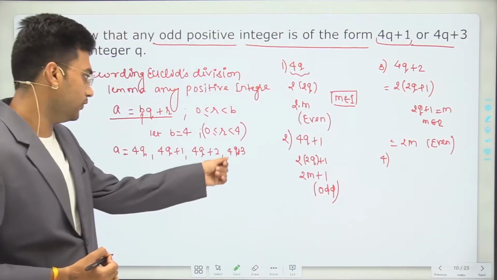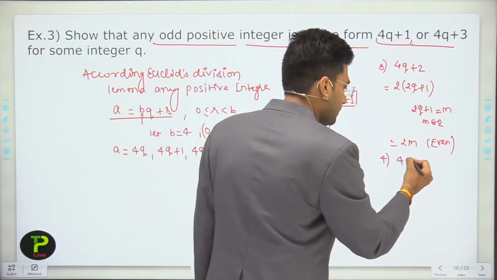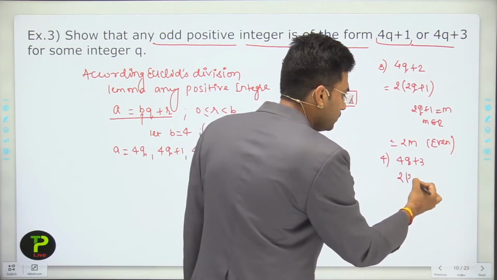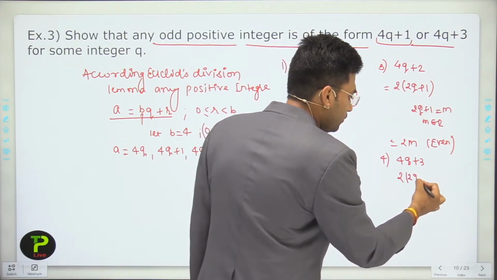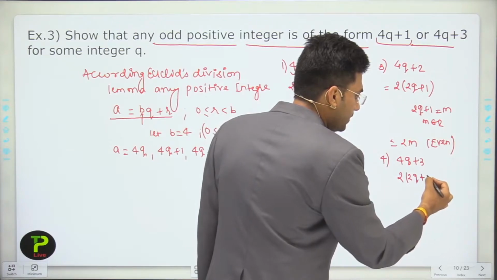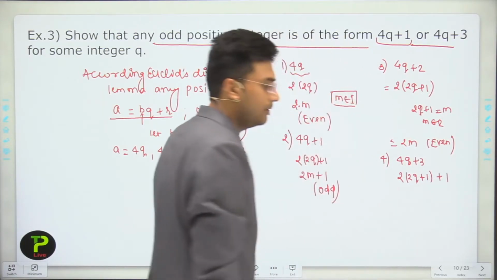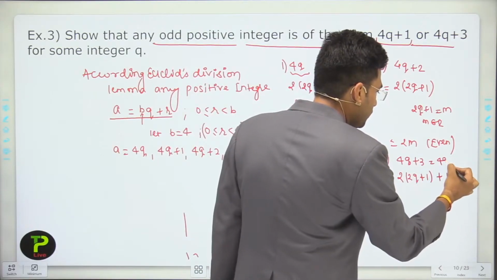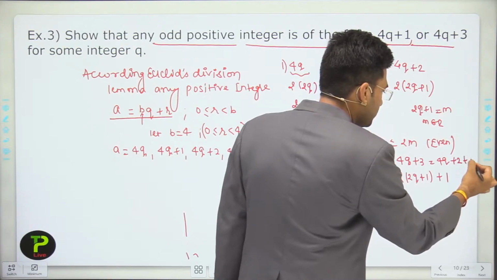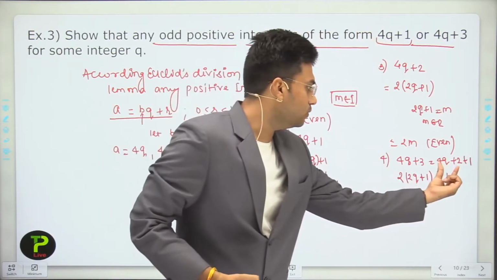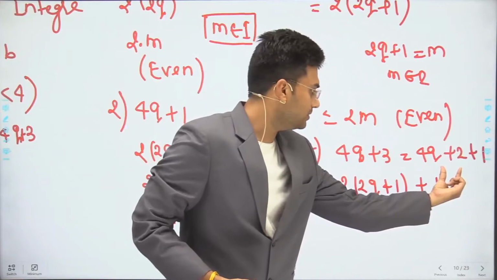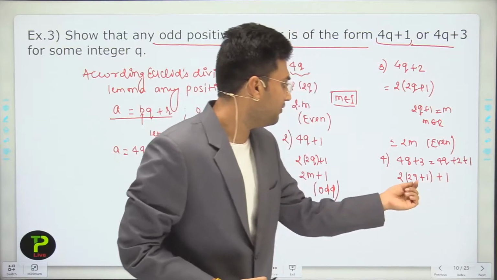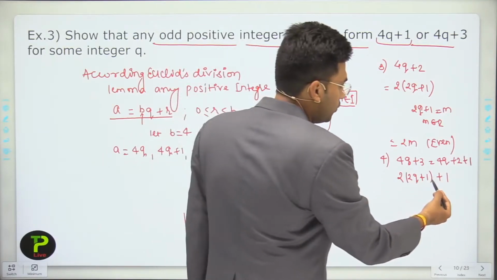Now come to the fourth form. The fourth form is 4q plus 3. Here again we can write it as 4q plus 2 plus 1, and we take 2 common from the first two terms, and we will get 2 multiplied by 2q plus 1, plus 1.